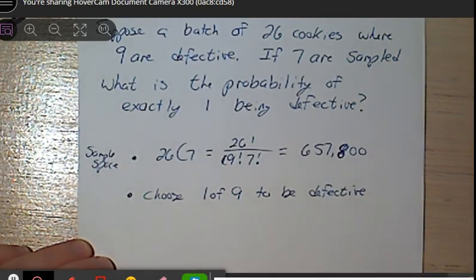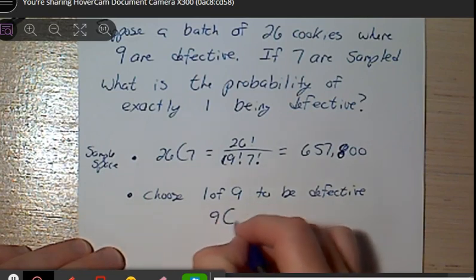Okay, so we're going to choose one of the 9. It said, what's the chances of one of those 9 cookies being defective? So if we pick any one of the 9, because we have 9 cookies that are defective, and again, it doesn't matter if we pick the first one or the last one, that's going to be 9C1.